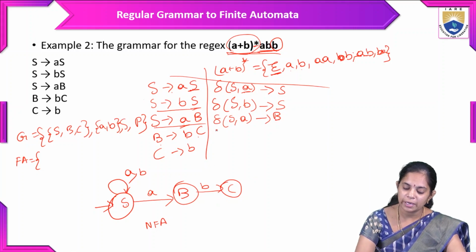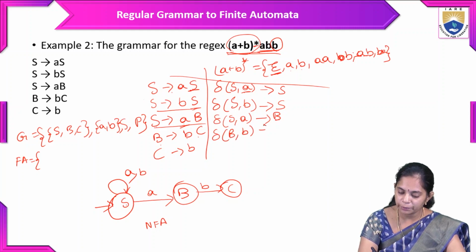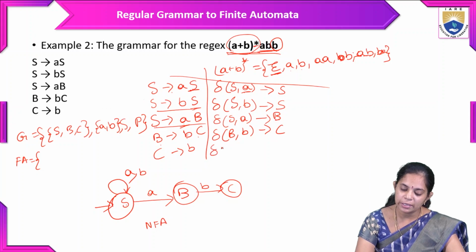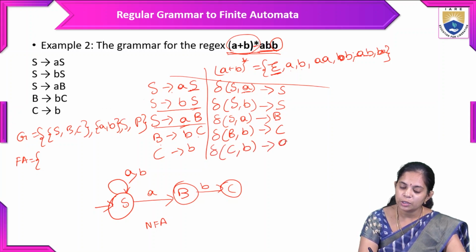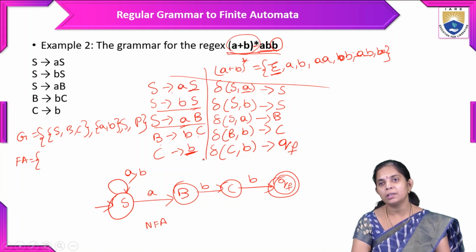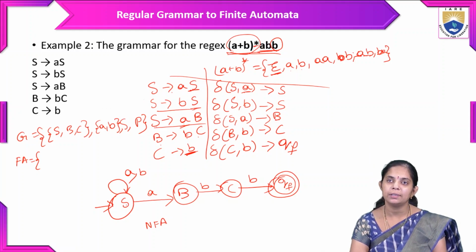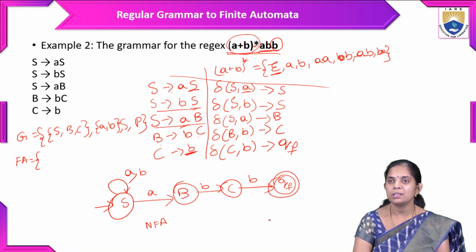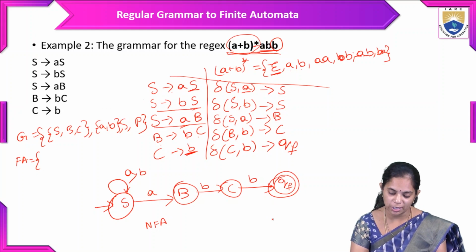So we write B comma B input reaching the state, and C comma B input reaching QF. We need to write one more state, QF: when we see a single terminal, that says it is reaching the final state.